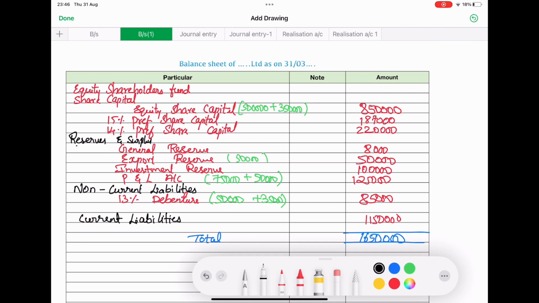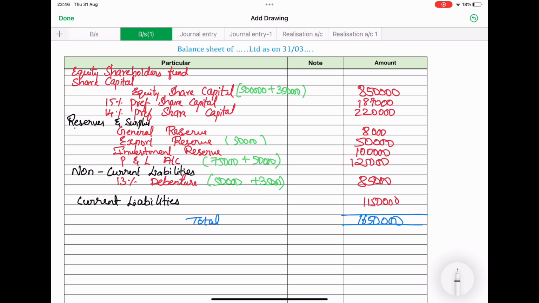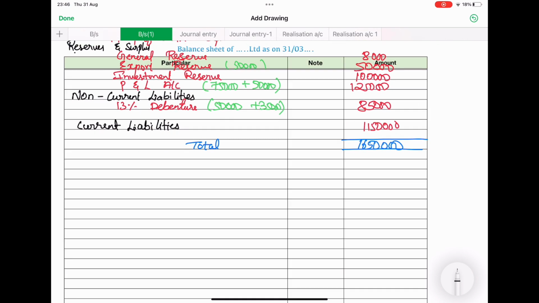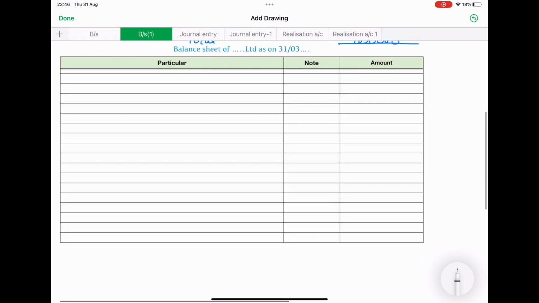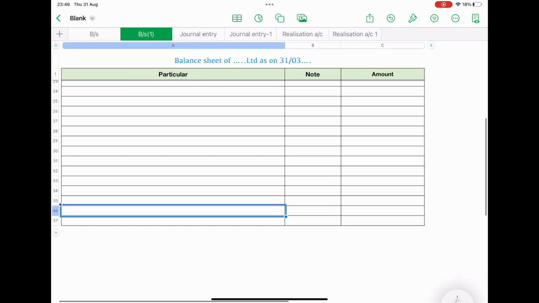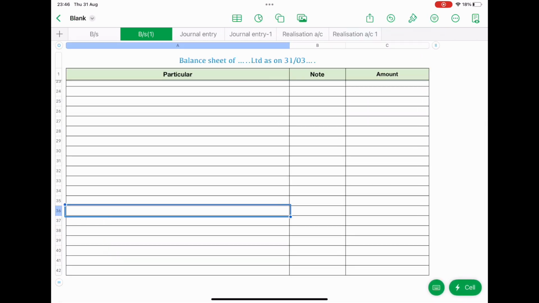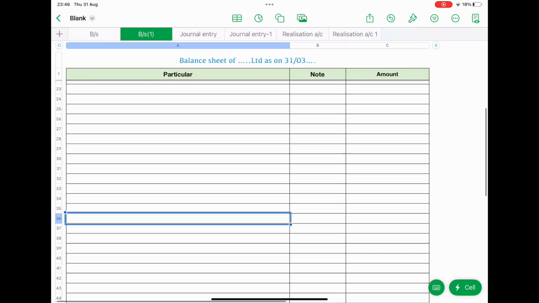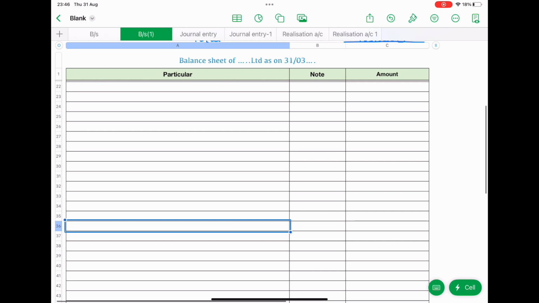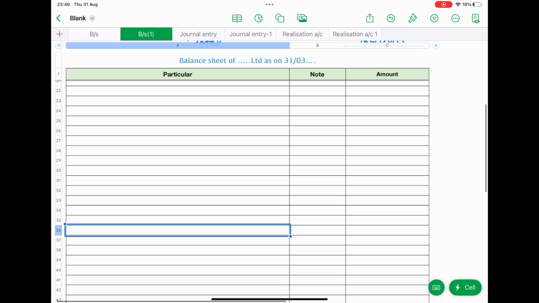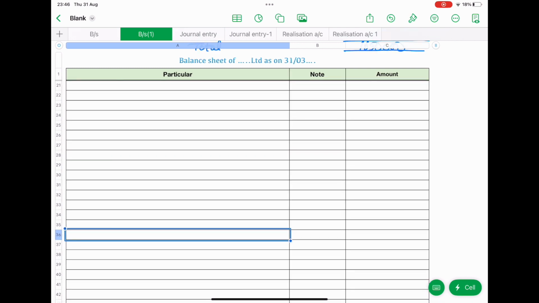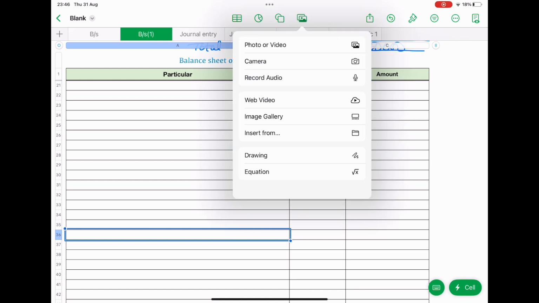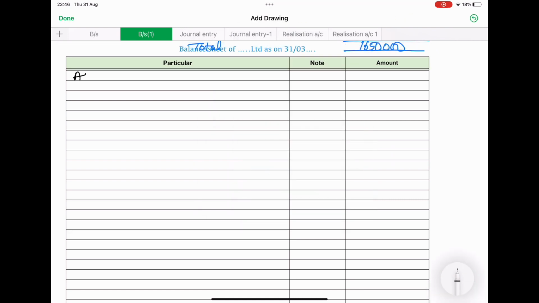So we are going to start with assets. Under assets, first we always have non-current assets.